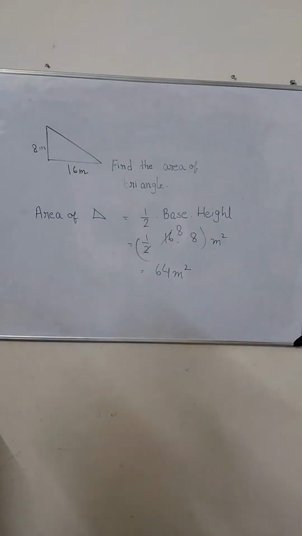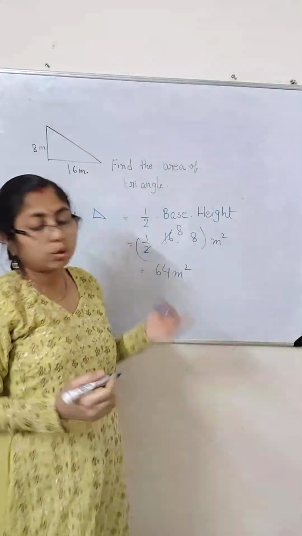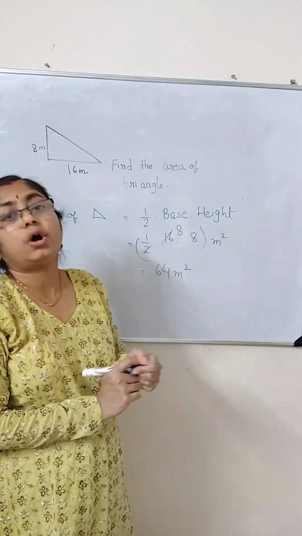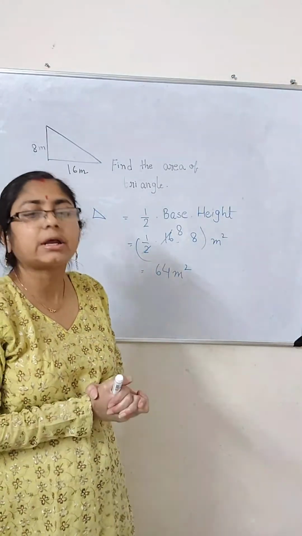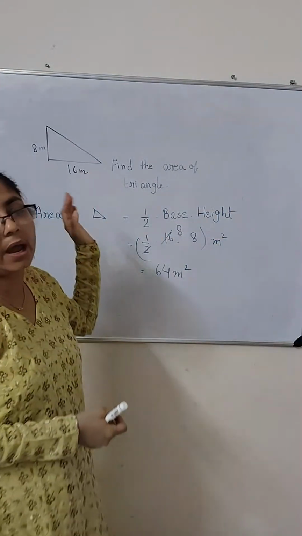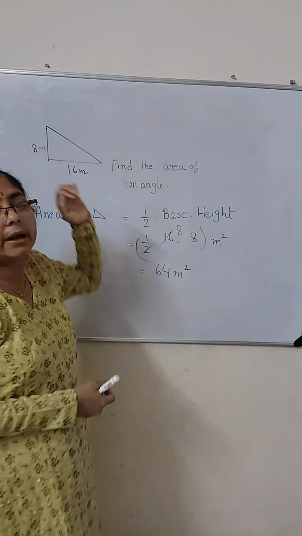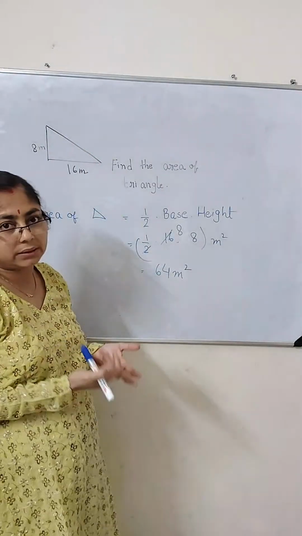So the question is, do you always know the height? If you do not know the height, what do you do? In that case, if you do not know the height, there the value of the hypotenuse is given and you apply the Pythagoras rule.